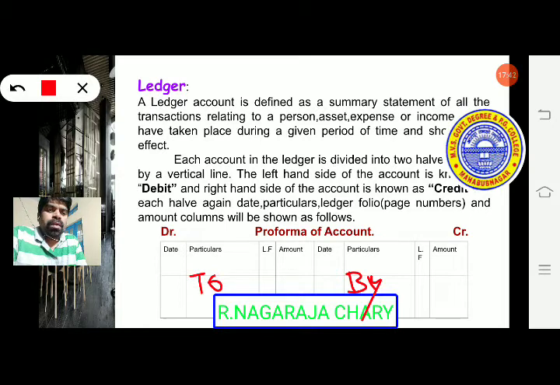Like this, all the aspects, whatever the journal entries consist of, are to be posted into the concerned account. Suppose let us take an example, this is machinery account, machinery account debit side, credit side, expenses account debit side and credit side. Like this we have the accounts pro forma.